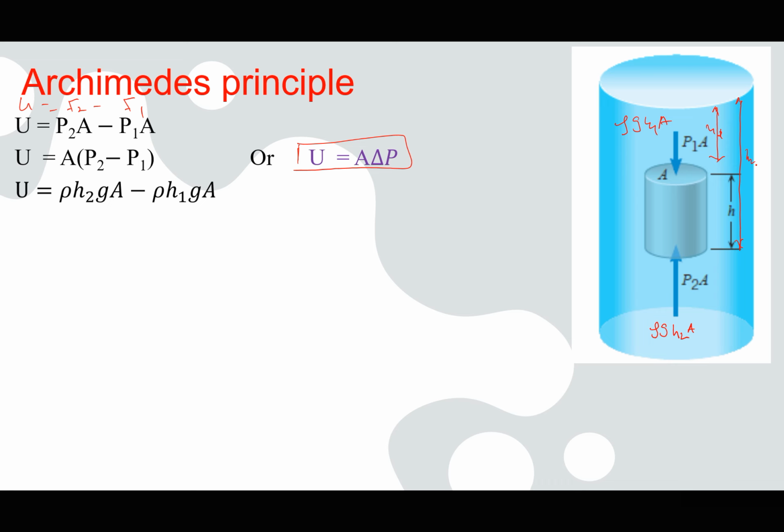So the difference between H2 minus H1 is just H. So the upthrust is equal to A rho g times H2 minus H1, which was the same as this quantity here that we have already seen.